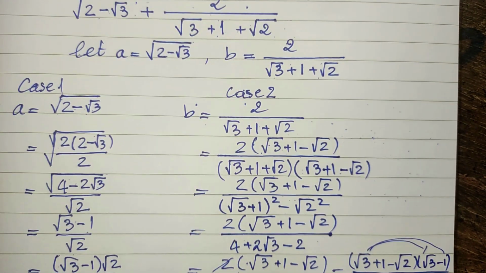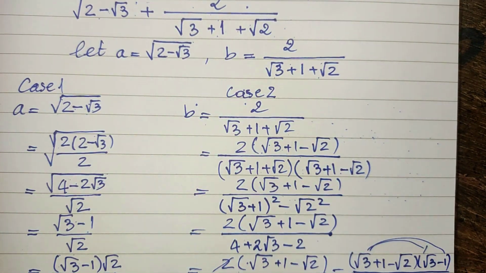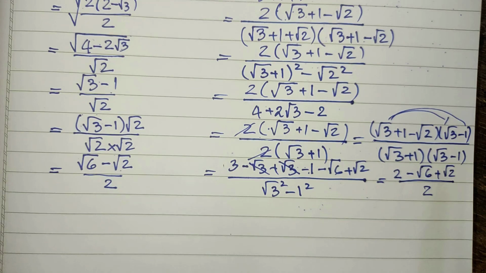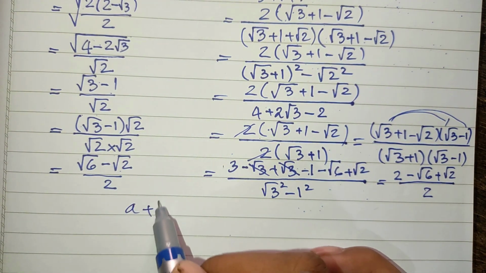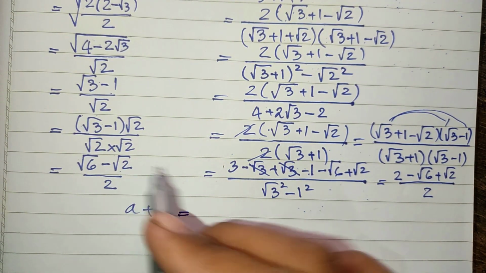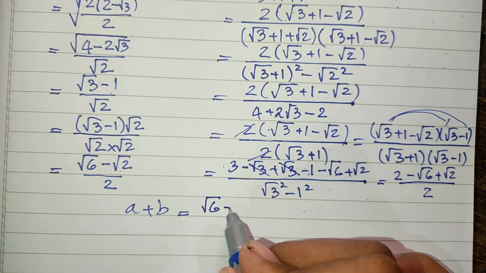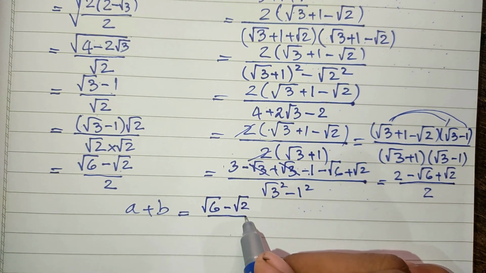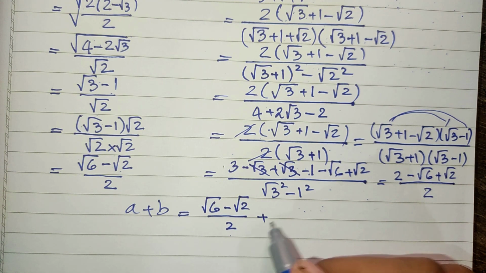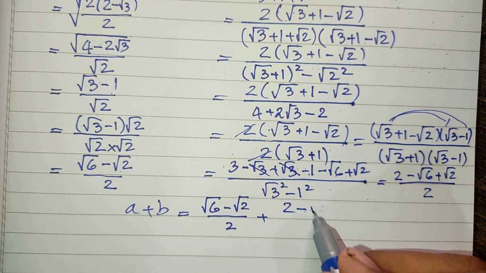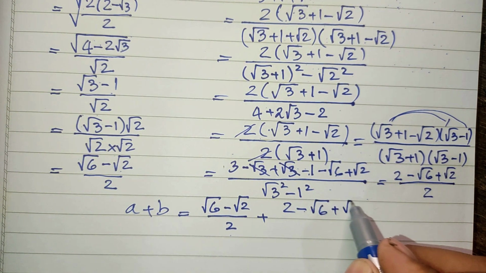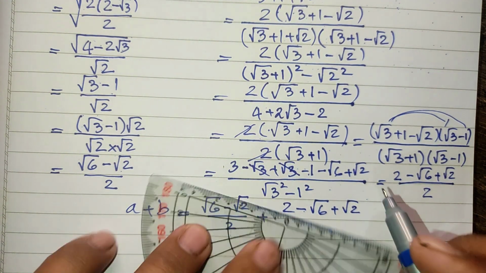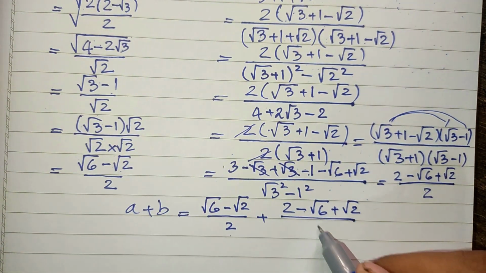Okay, so now we add a and b, so we get a plus b, equal to (√6 − √2) divided by 2 plus (2 − √6 + √2) divided by 2.